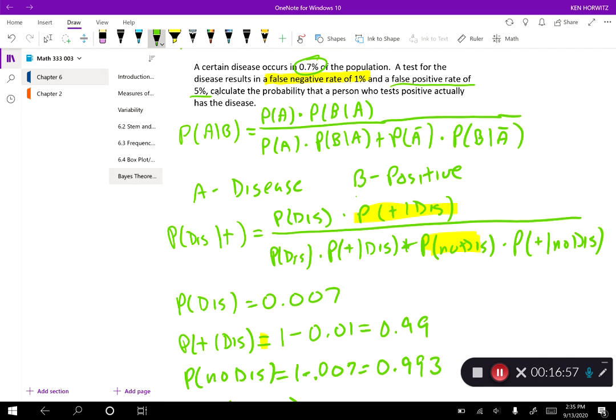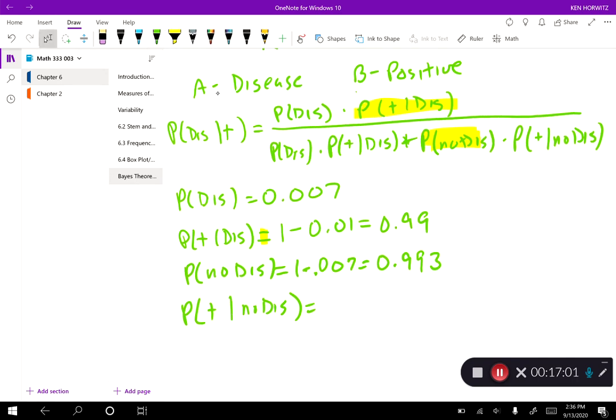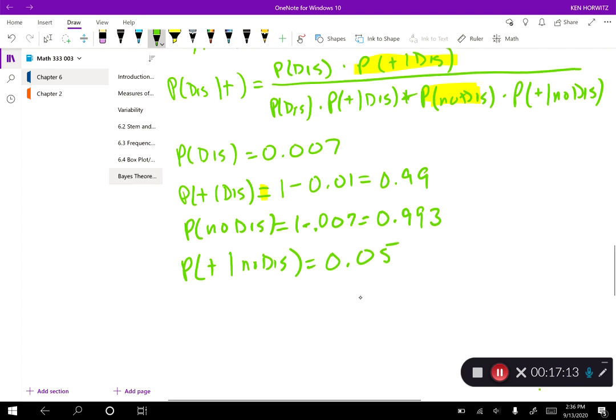So we can use that, because what false positive means is that you tested positive, but you're not sick. And that's what this probability tells us. So I'll say 0.05. All right, now that we have all of our components for our formula, why don't you guys pause the video, take a moment, and plug everything in, and then we'll see where we're at.